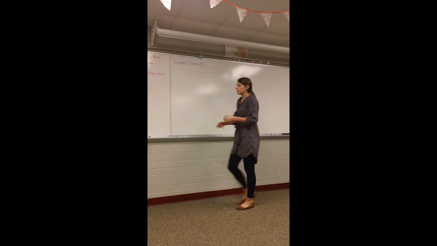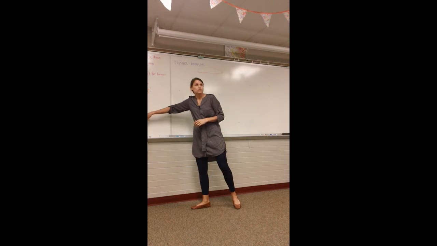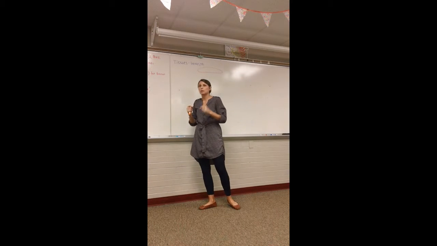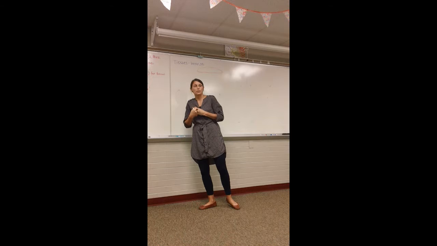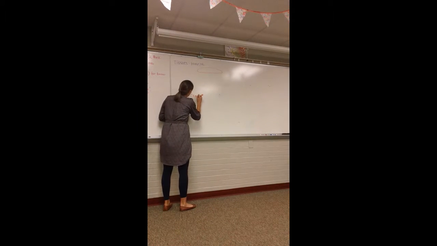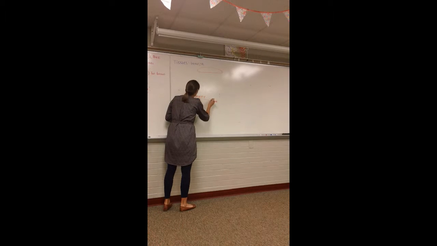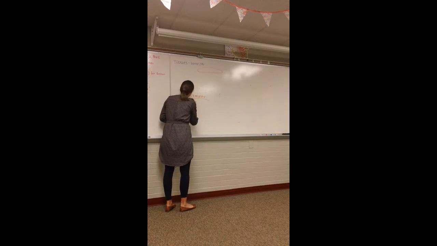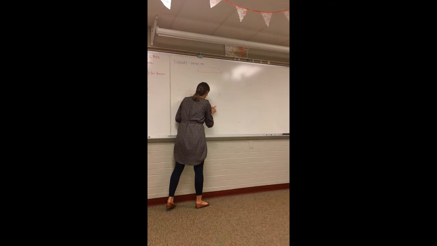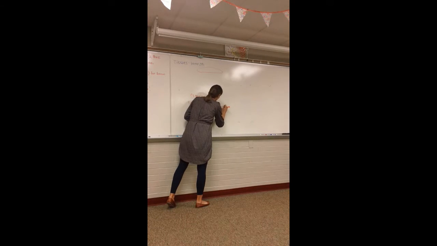So today we're going to talk about complex sentences. That's adding a dependent clause to the mix. You're only going to have one independent clause plus a dependent clause. If we were to break it down into a formula, we're going to have a subject plus a verb that expresses a complete thought, plus a subject plus a verb that does not express a complete thought.